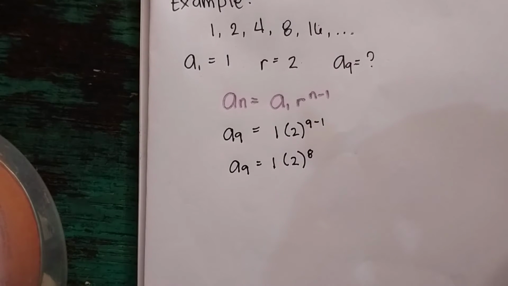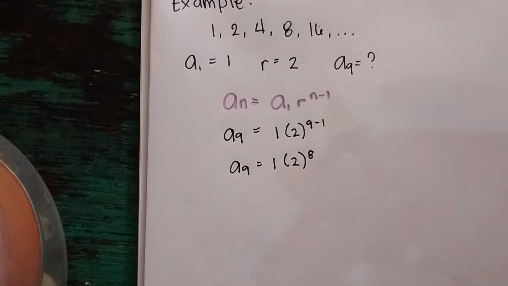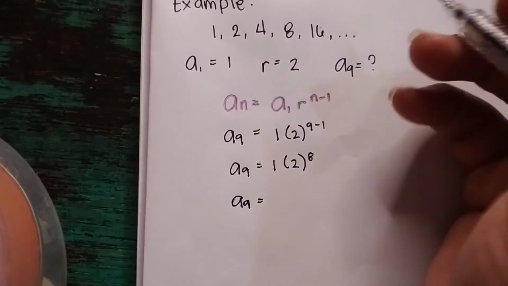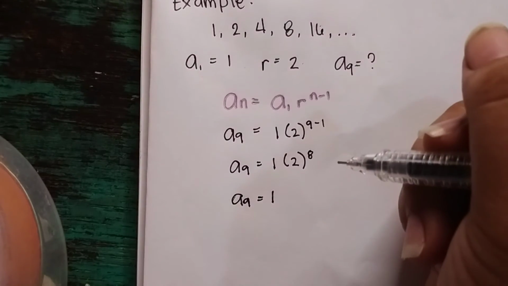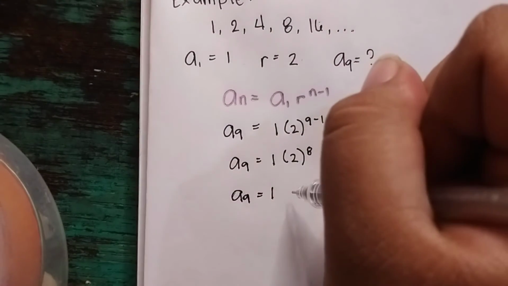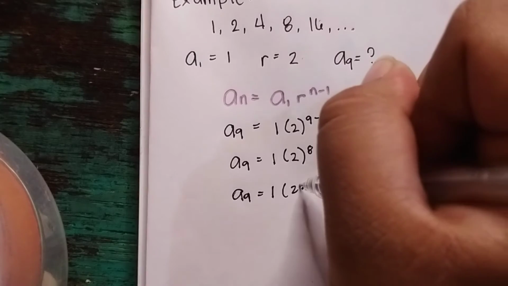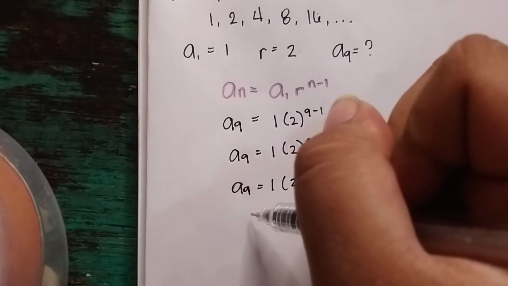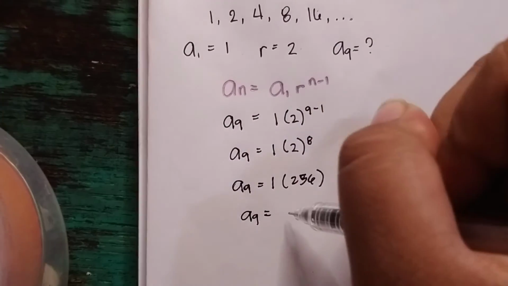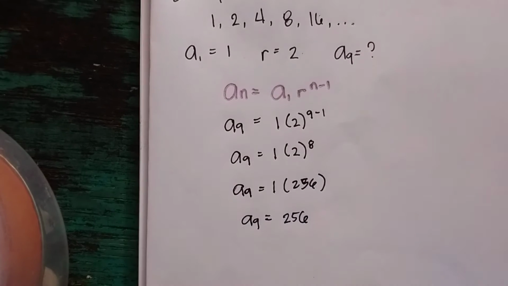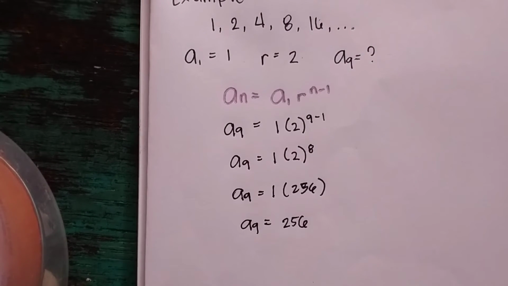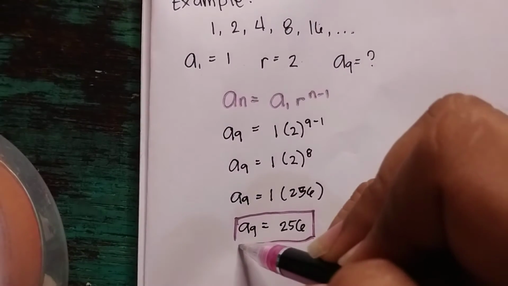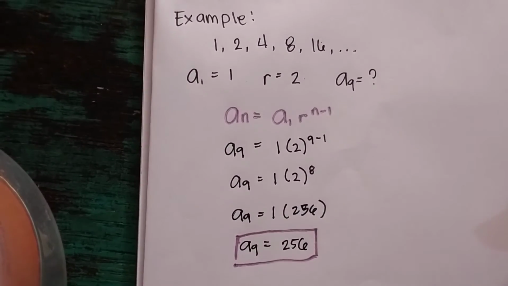According to PEMDAS, we have to solve the exponent first. 2 to the 8th power is equal to 256. So a sub 9 is equal to 256. Now that we have solved the 9th term, we know that it is 256. Easy, right?